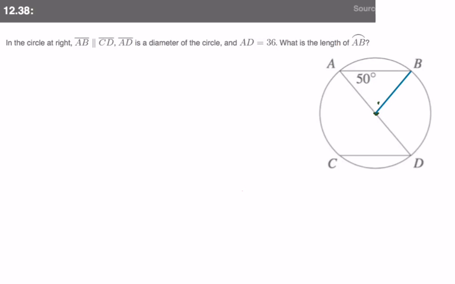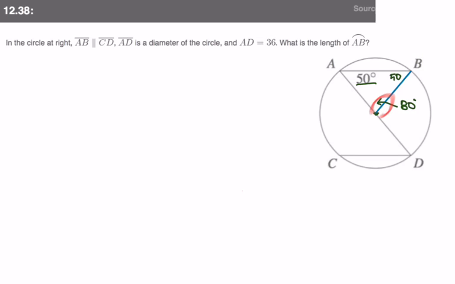Number 38. In a circle, AB is parallel to CD, and the diameter is 36. What is the measure of the arc AB? That's 50, and then the other one is 50 because all radii are congruent, which gives us triangle ABO to be an isosceles triangle.